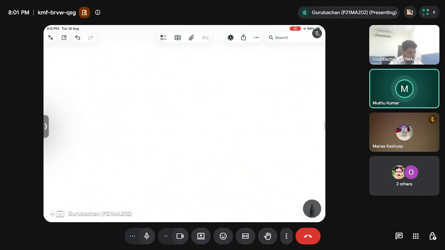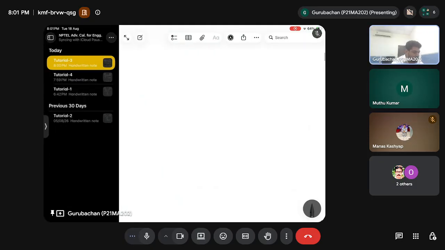Now suppose if I take the path y equal to x, let us find out the limit along the path y equal to x. Just a second, my iPad is creating some problem, I guess.